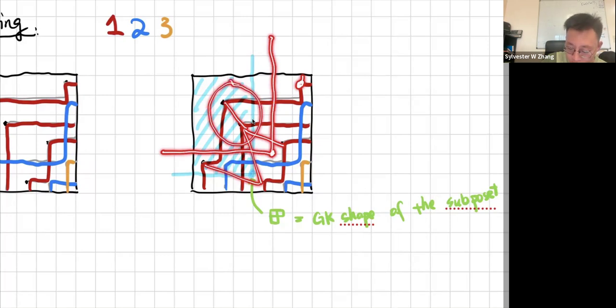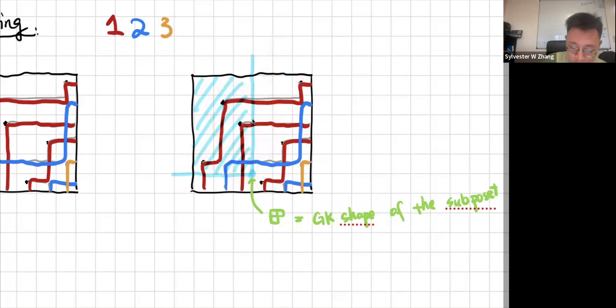And then you can read off the number of red lines, the number of blue lines, and so on and so forth. And that's going to tell you the Greene-Kleitman invariant, the Greene-Kleitman partition of every subposet of this inversion poset.